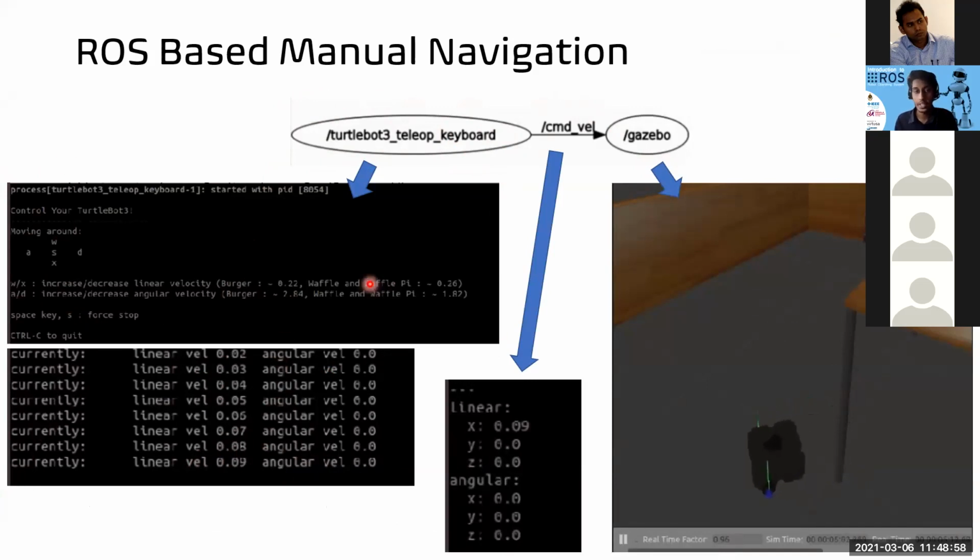And in order to give that information to Gazebo, or to the real robot if you have one, you need to publish it as a topic, and it is done as standard using the command velocity topic, cmd_vel. In that topic there are 6 terms: linear XYZ commands and angular XYZ commands. Right now we have an angular Z command. Now it's a linear command. So now you can see the robot is moving linearly.